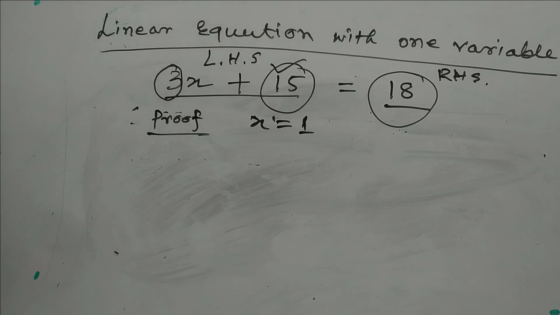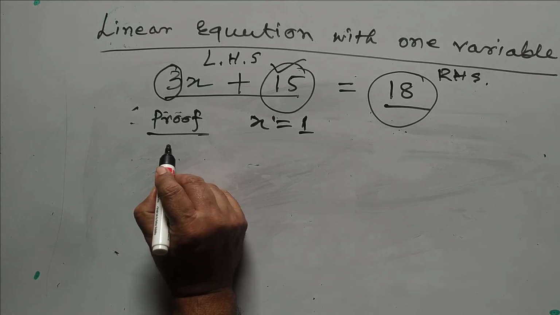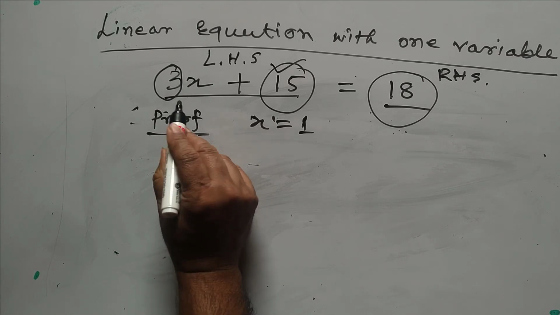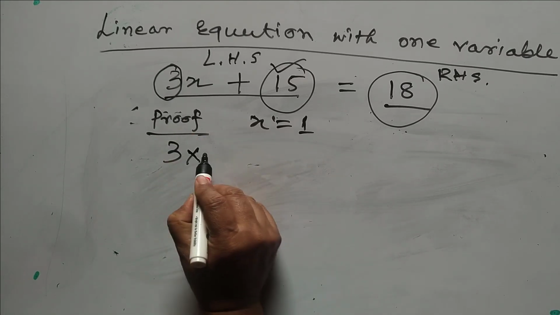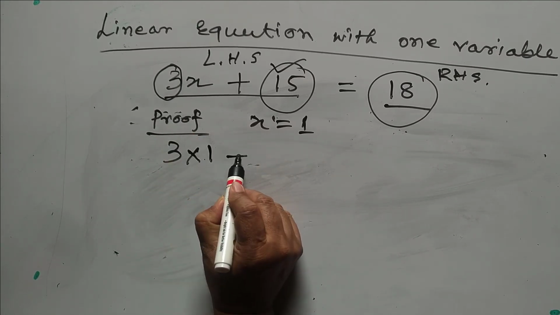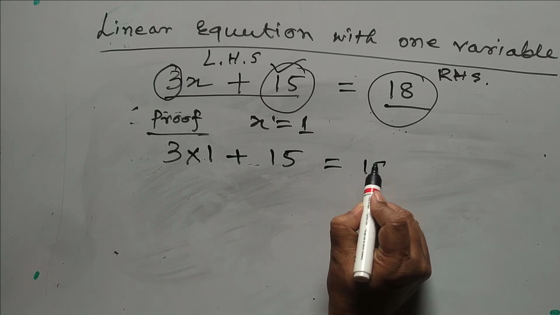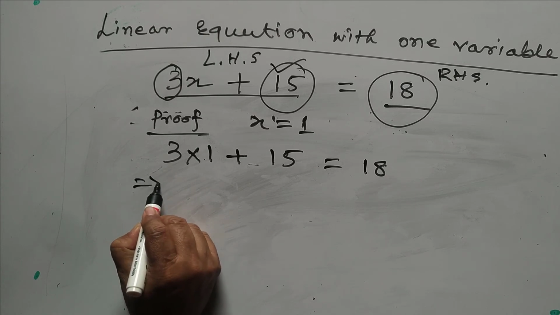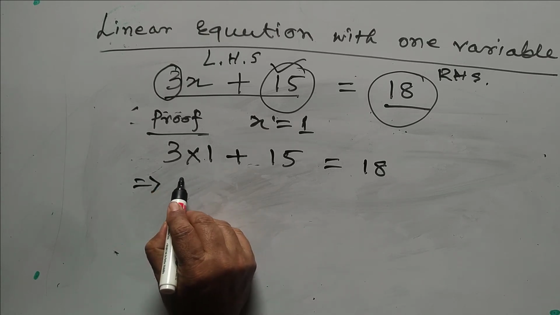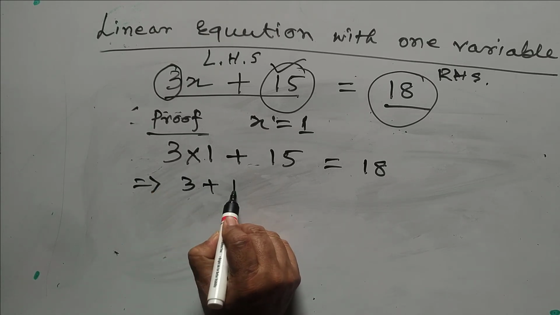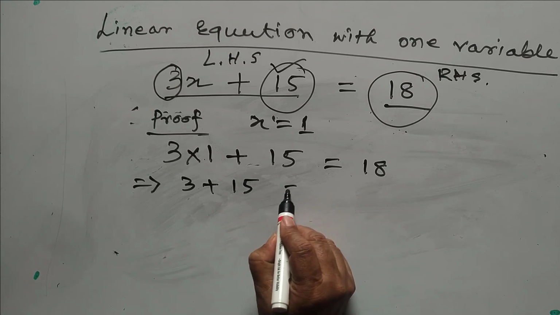Now I am replacing the value of x. 3x means 3 into 1 plus 15 equals 18. That is, 3 ones are 3, plus 15 equals 18.